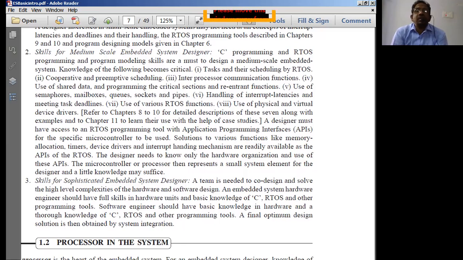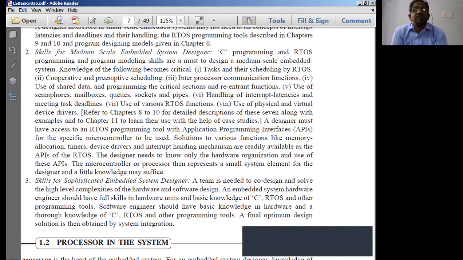When these two increase, complexity obviously increases. Therefore, the programmer should be aware of embedded C programming and RTOS programming, should have program modeling skills, and should have knowledge of medium scale embedded systems. Knowledge of the following is also going to become critical. What are they?